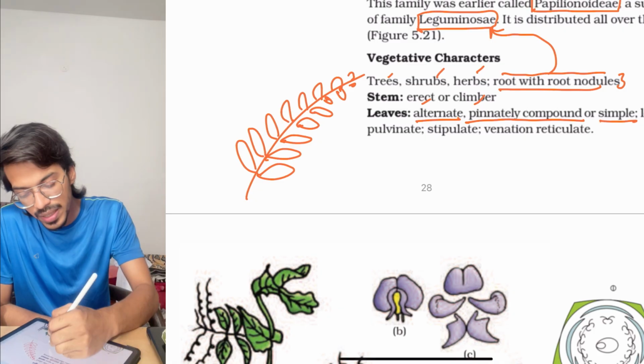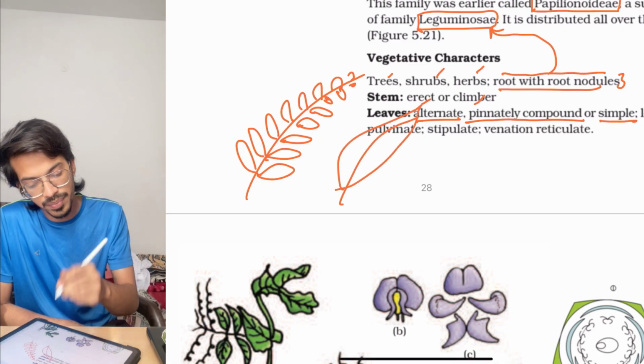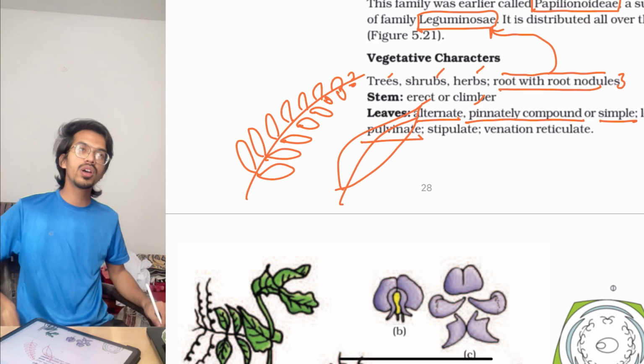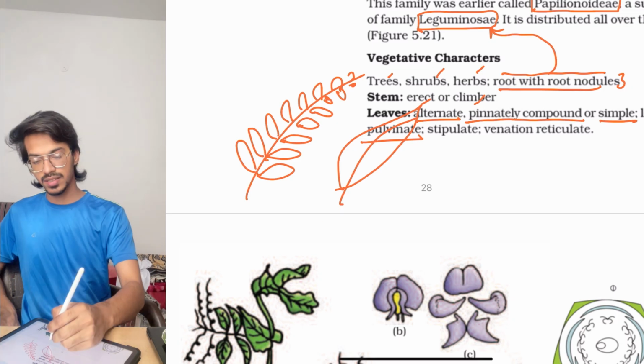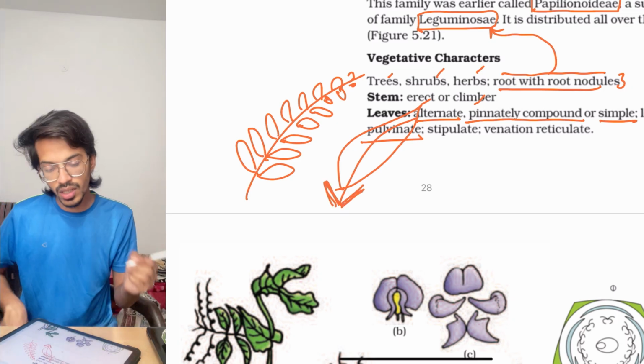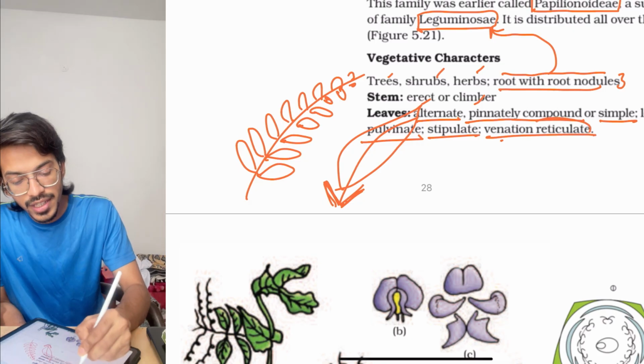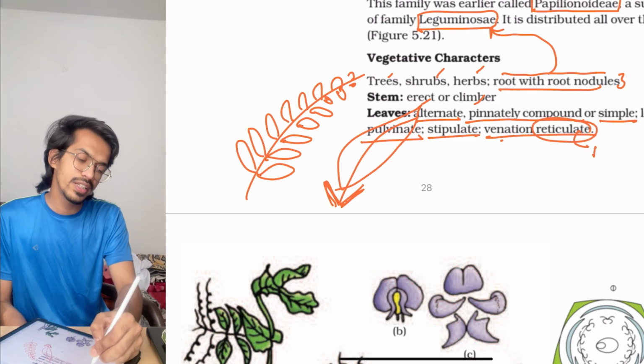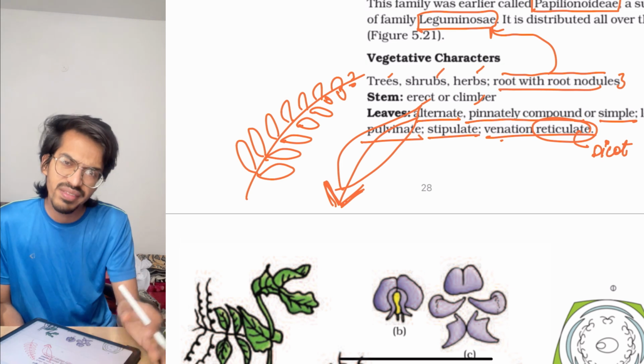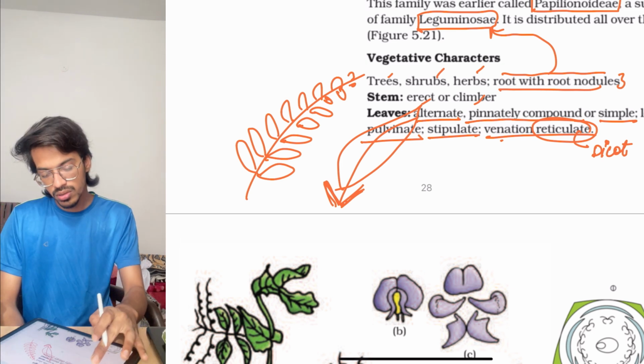Or it could be a simple leaf. Then pulvinate means pulvinus is present extra. Stipulate, venation reticulate. If reticulate venation is there, we can say it is a dicot.